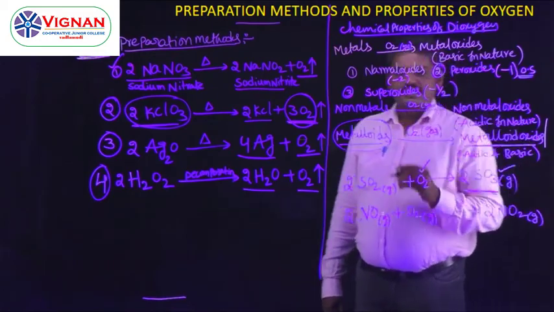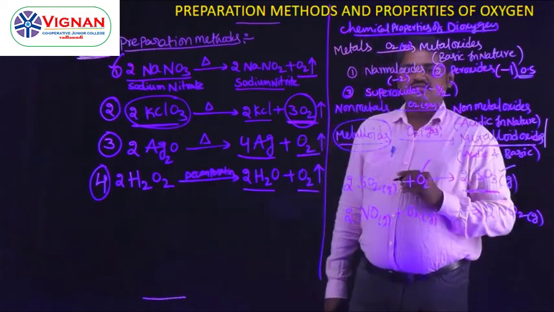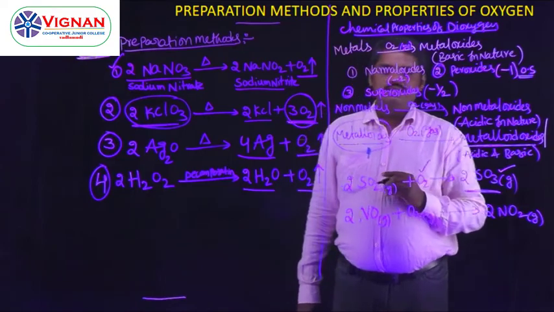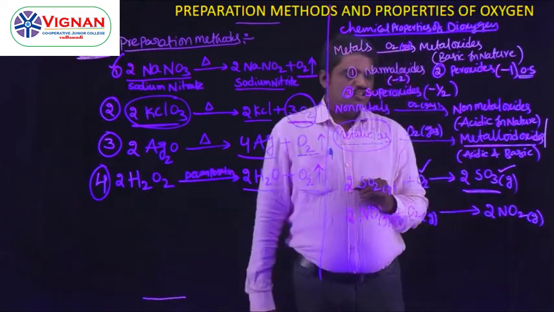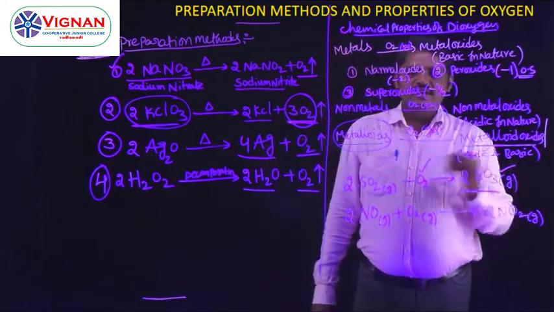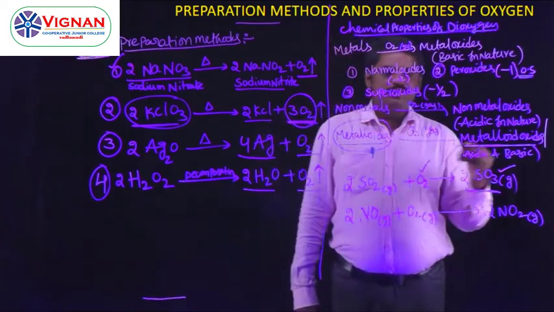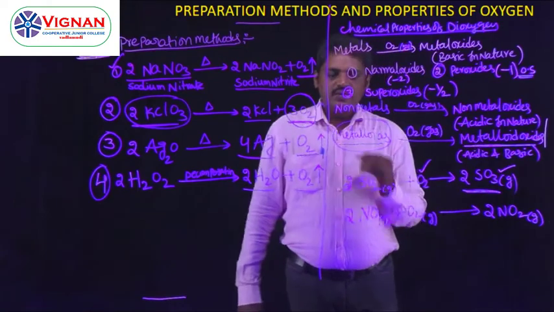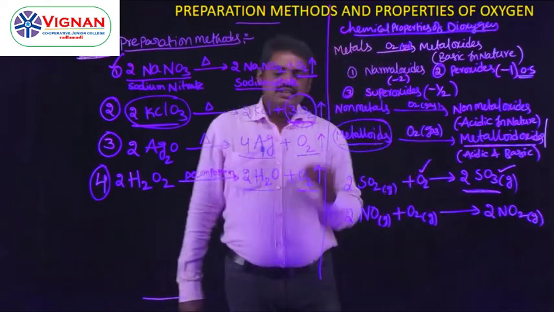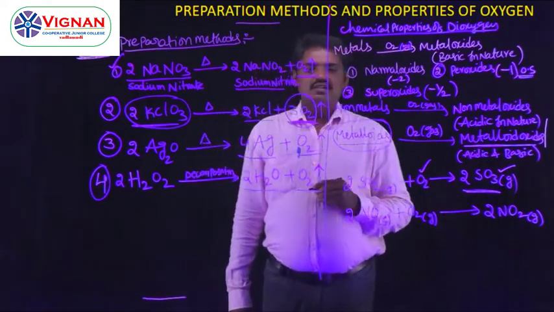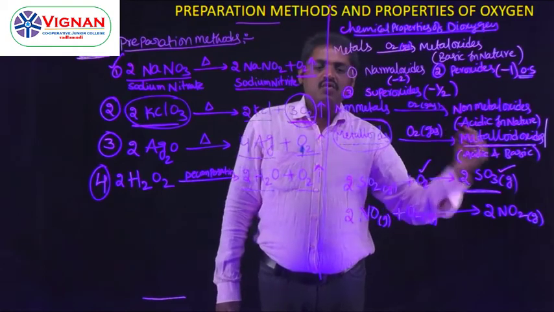Finally, the oxygen gaseous molecule, meaning dioxygen, is used to make sulfuric acid, and the dioxygen gas is used to make nitric acid. Finally, this dioxygen gas is also used to make chlorine gas.